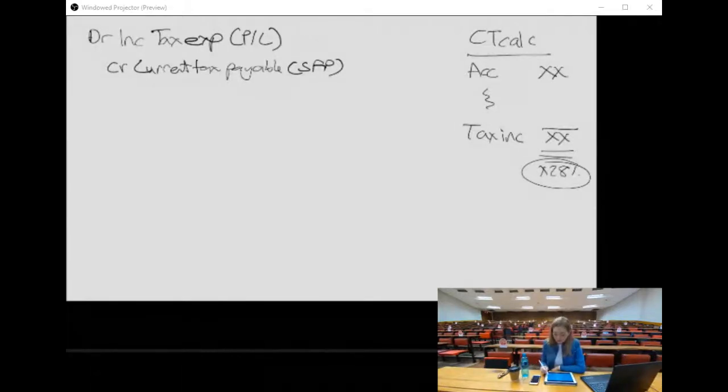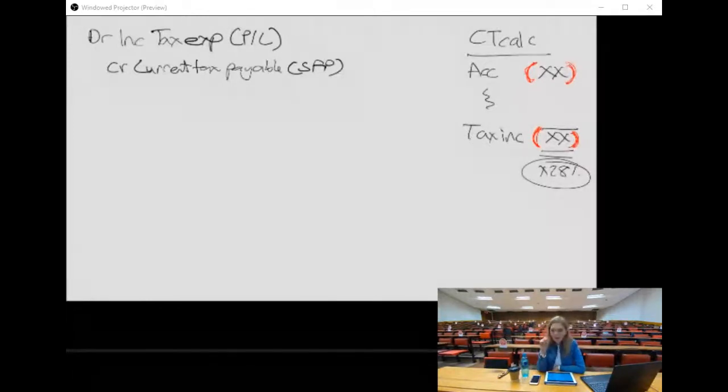If now, for example, we do our current tax calc, and let's say we had an accounting loss. So we start off with an accounting loss, and we have our adjustments, and that gives us a tax loss.